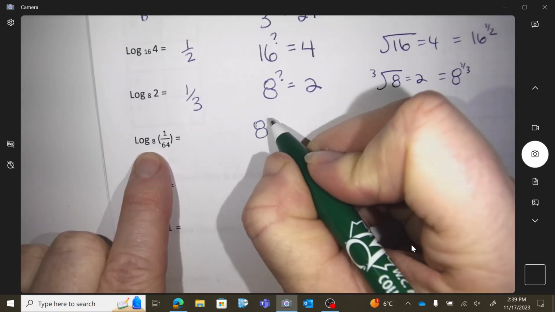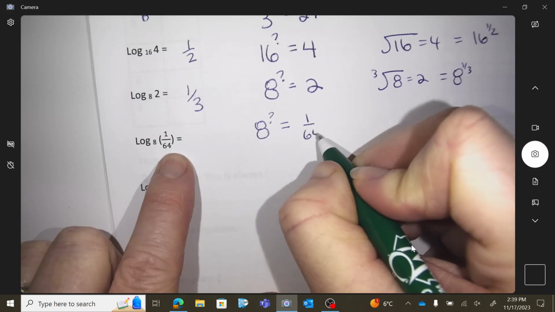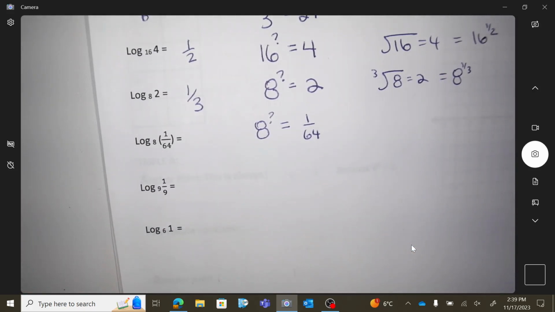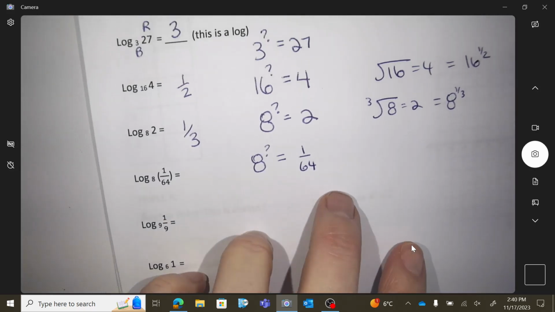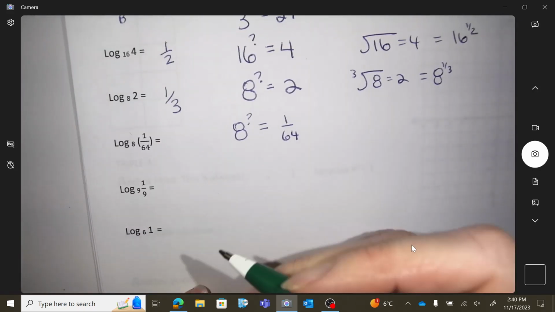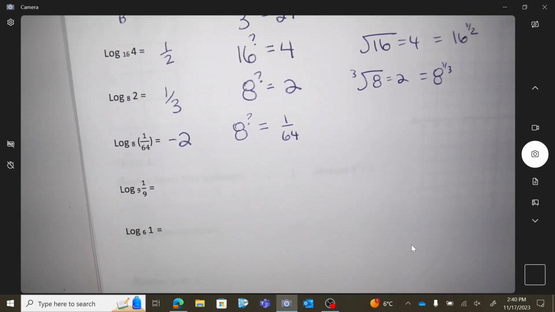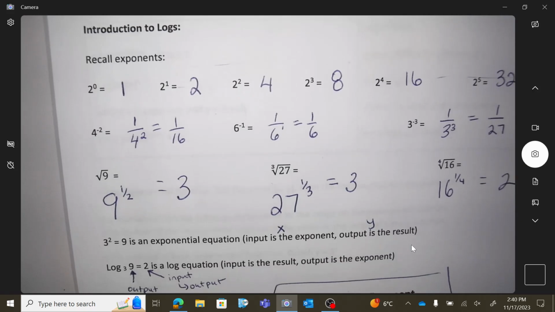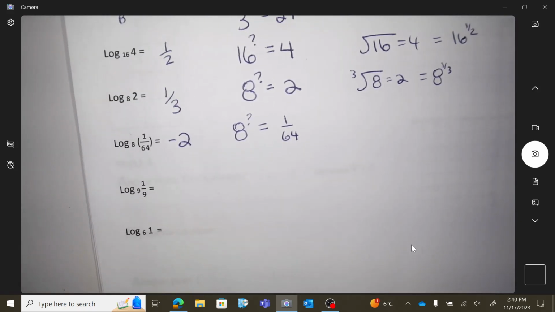The base is 8 to something would give me a 1 over 64. So what kind of exponent would I have needed up there to make that happen? It ended up as a fraction, so you got stuff at the top here. What happened when it ended up as a fraction? Negative. Yeah. The negative rule makes something switch. So you really have to go back to knowing these fundamental rules at the top. Okay, this is from grade 9 and 10.